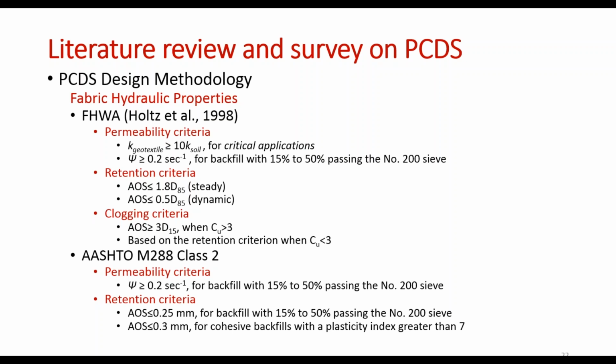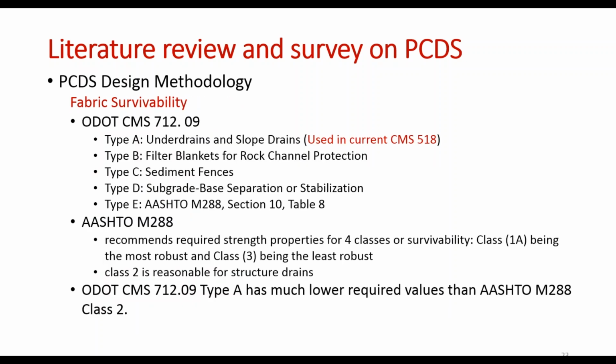There are different design methodologies, for example, from the Federal Highway Administration in 1998, or the AASHTO M288 Class 2, which also provides some guidance on the selection of the hydraulic properties. The fabric should also be strong enough to survive construction and degradation during service.